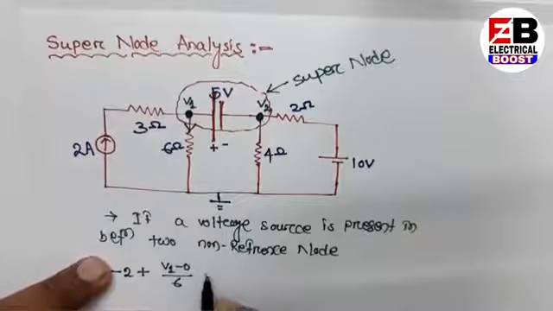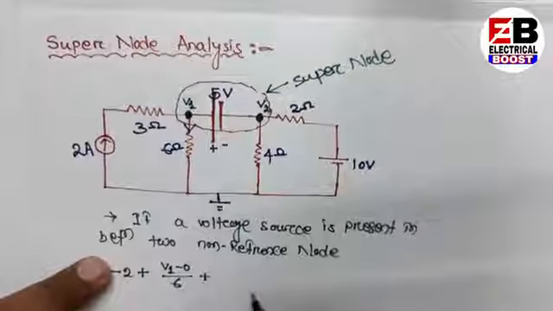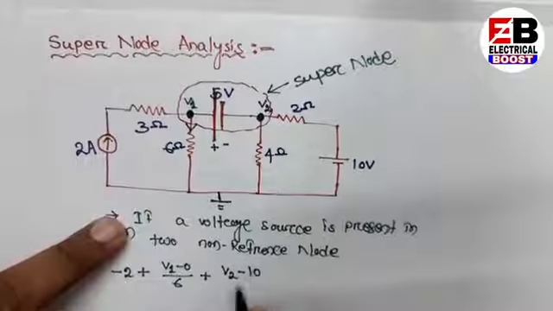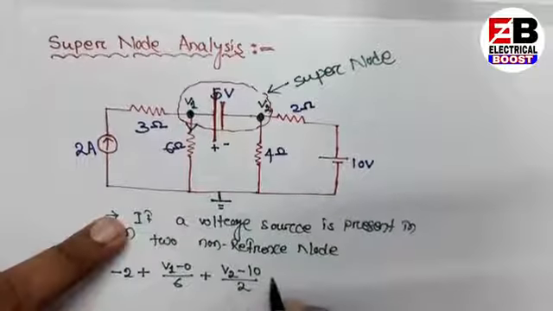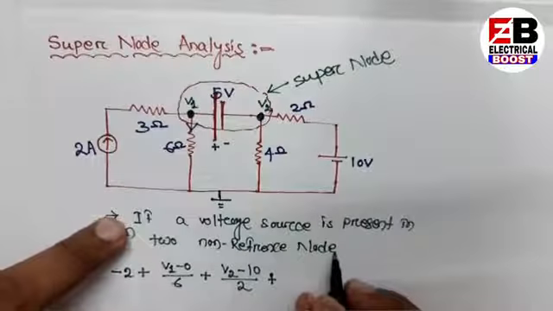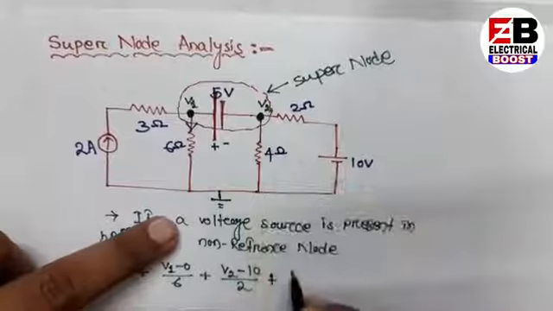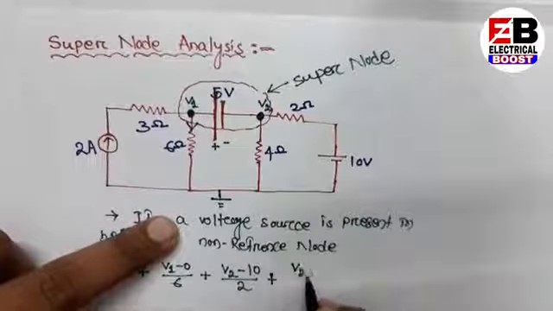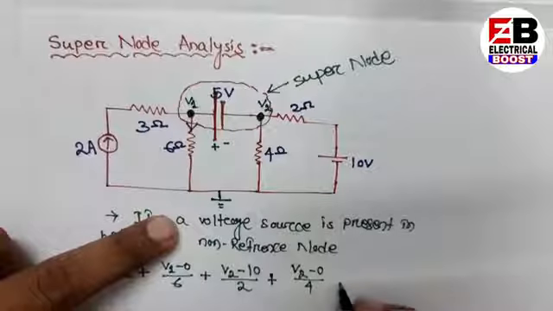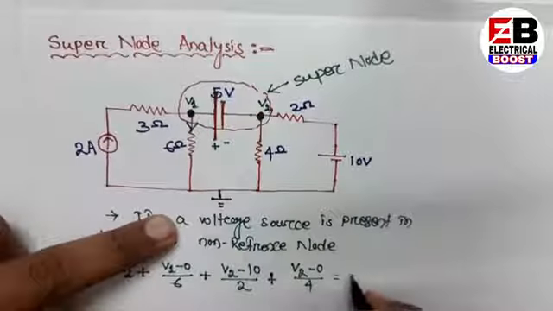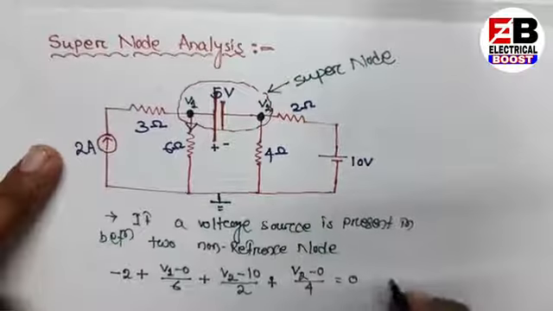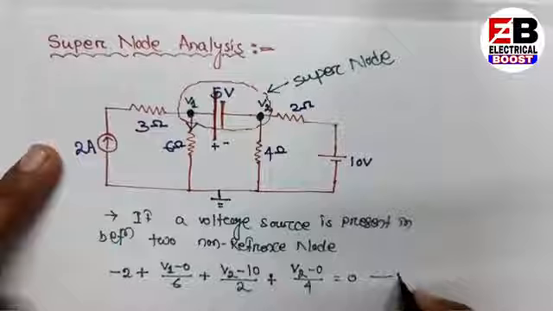So this is V2, plus (V2 minus 10) divided by 2, plus (V2 minus 0) by 4 is equal to 0. This is our first equation.